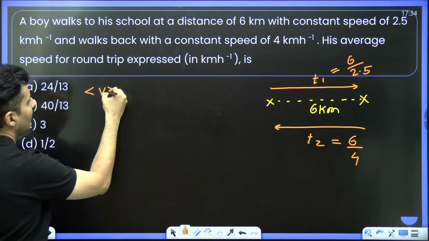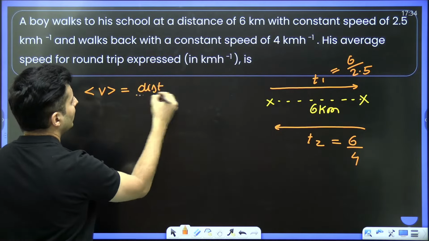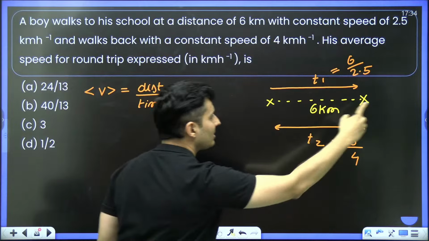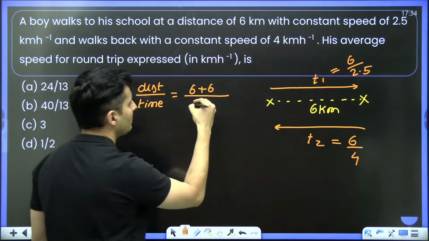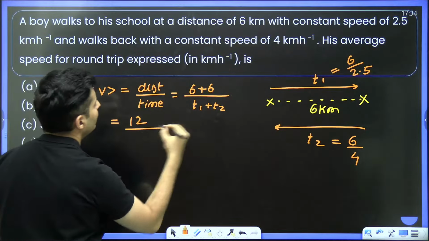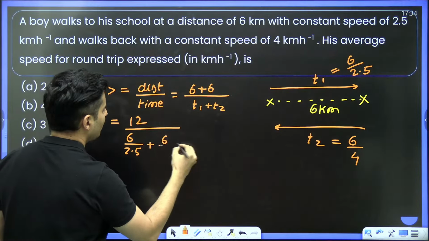The total average speed will be the total distance upon the total time. The total distance is 6 plus 6, divided by total time, that means t1 plus t2. So this will be basically 12 divided by 6 by 2.5 plus 6 by 4.